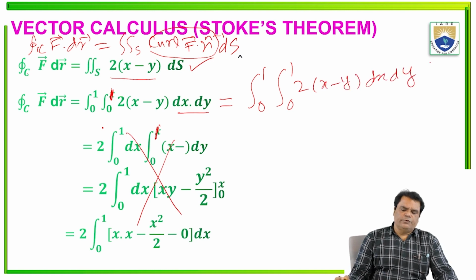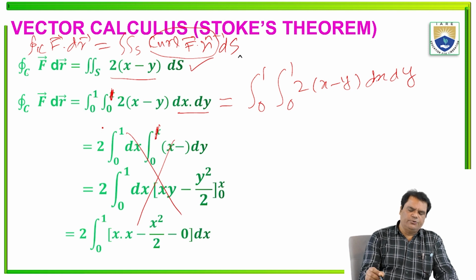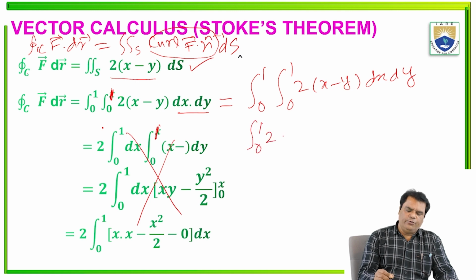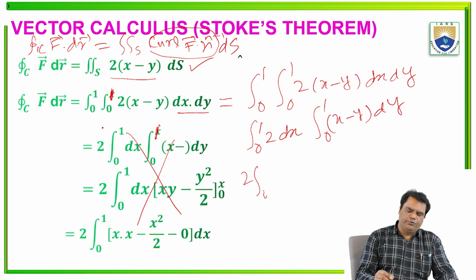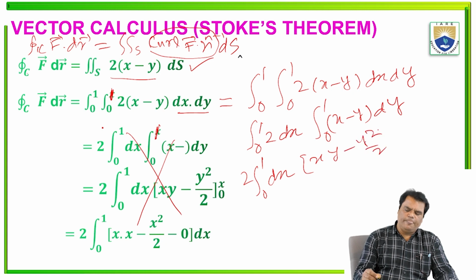Okay. First of all, integrate with respect to y, taking x as constant. So 0 to 1, 2 into dx, and integrating 0 to 1 x minus y dy.